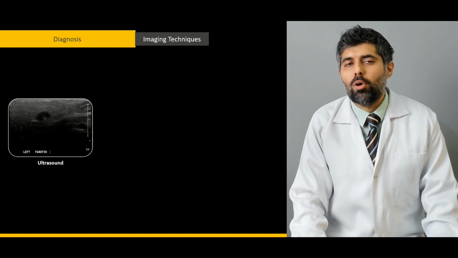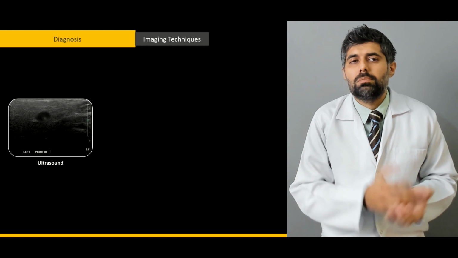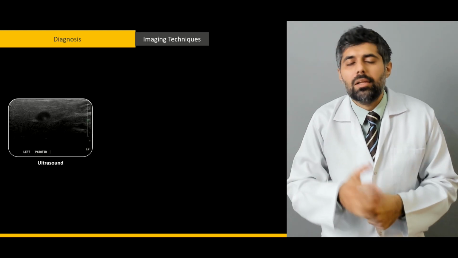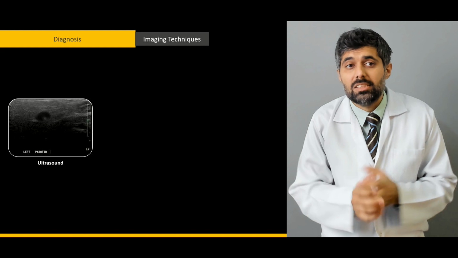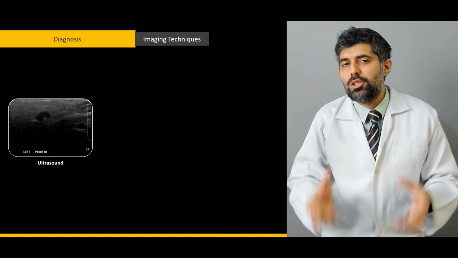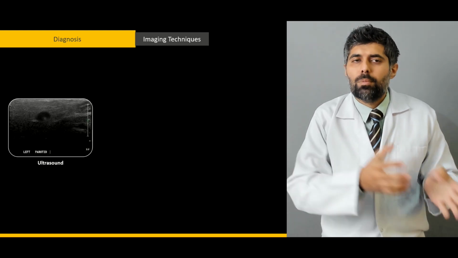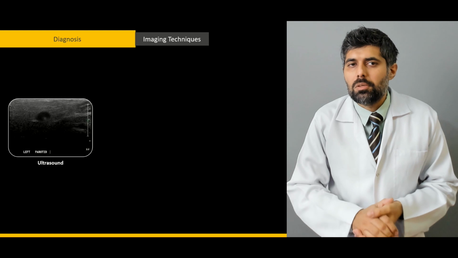We can even perform ultrasounds to see if the parotid, submandibular, lingual and lacrimal glands have any kind of infiltration, change in the tissue density, or any kind of change in their hypo- or hyperechoic nature.